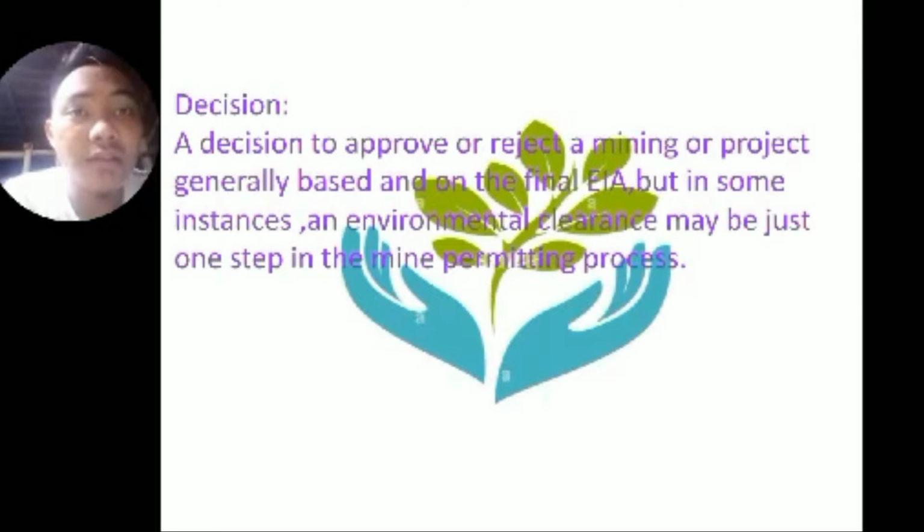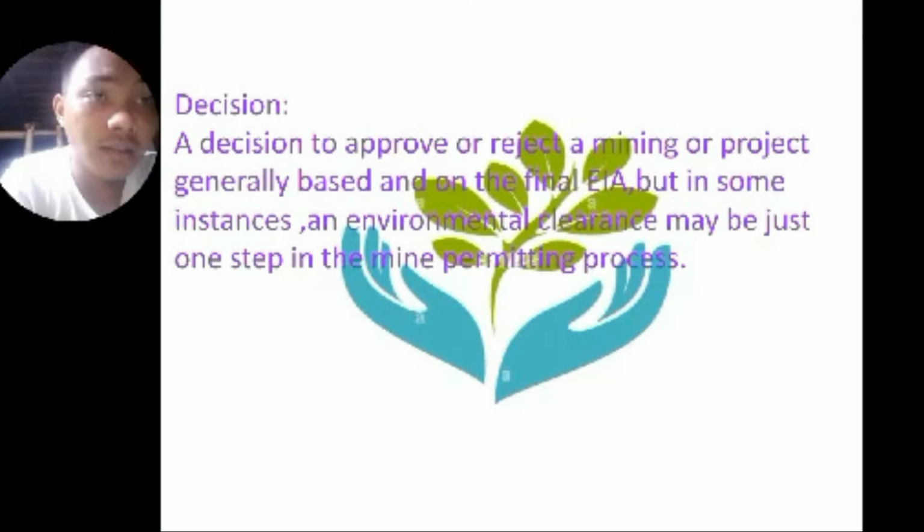Next is the decision. A decision to approve or reject a mining project is generally based on the final EIA, but in some instances an environmental clearance may be just one step in the mine permitting process.